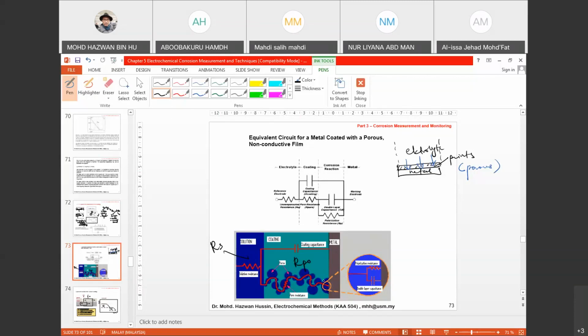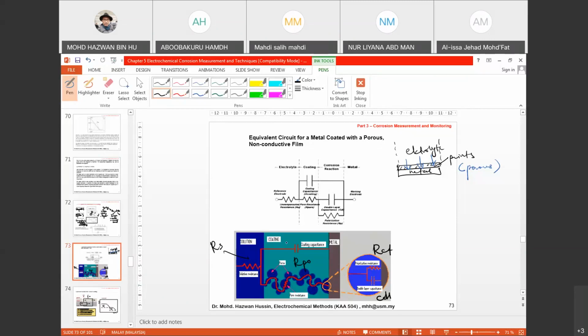The reason it creates a resistance is because electrons need to travel past certain obstacles to reach the surface of the metal. So that is why it creates an effect of resistance, and we call it the pore resistance. And when it reaches the surface of the metal, the same process still happens. You still have a charge transfer resistance, and you still have a double layer capacitance.